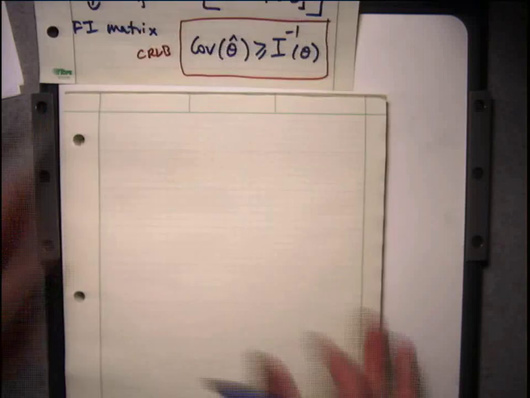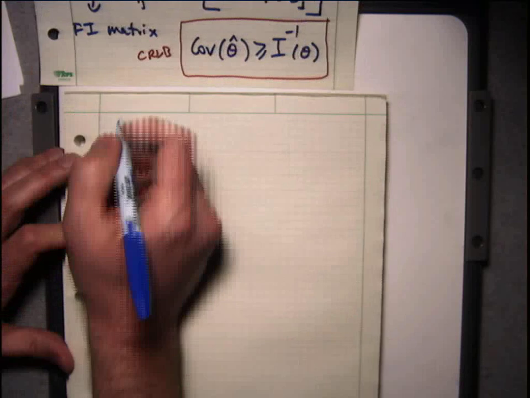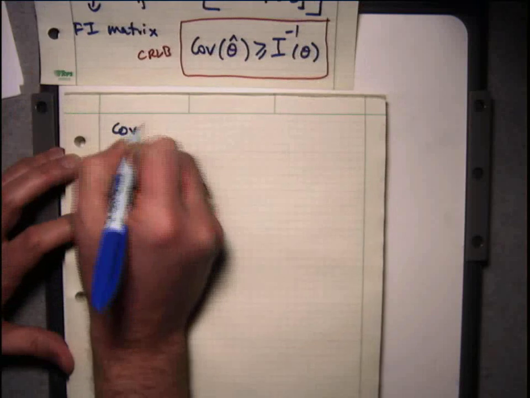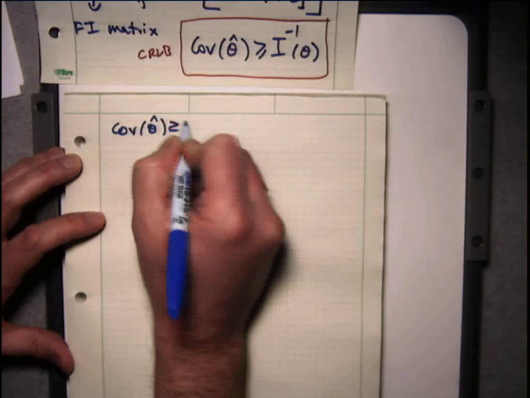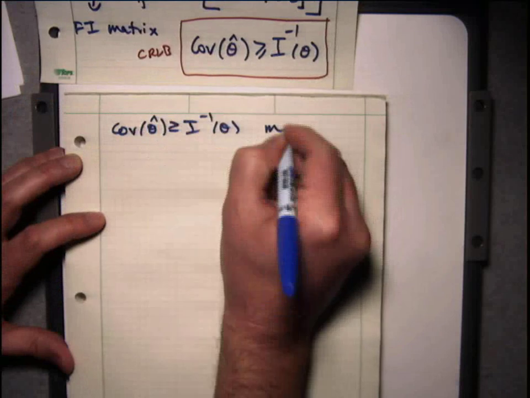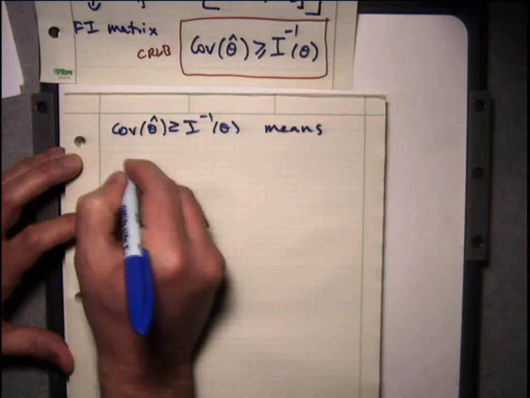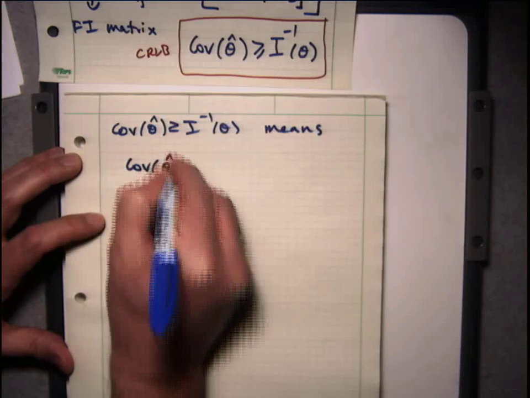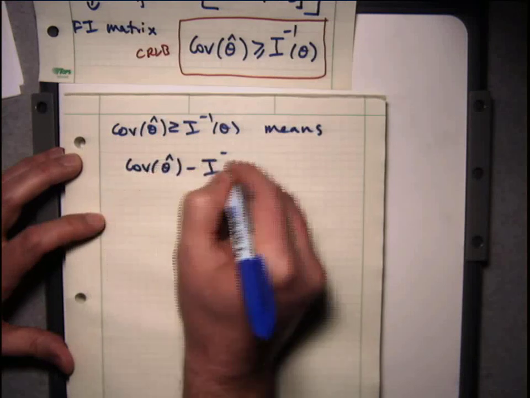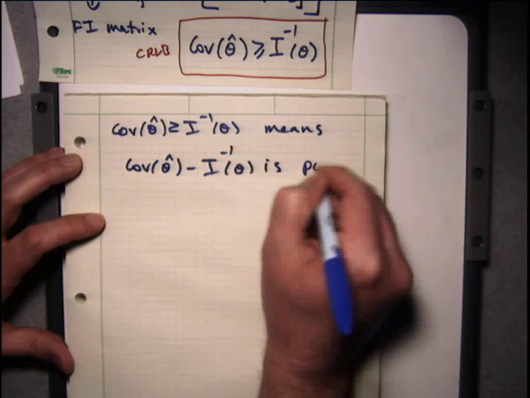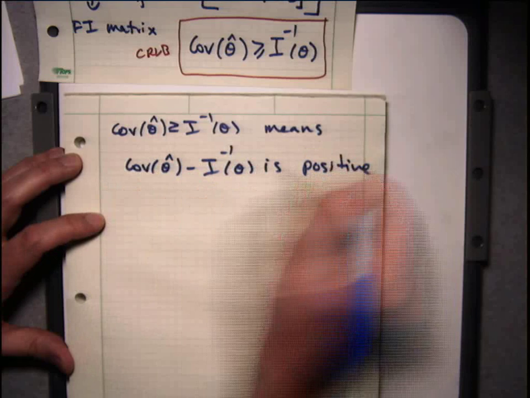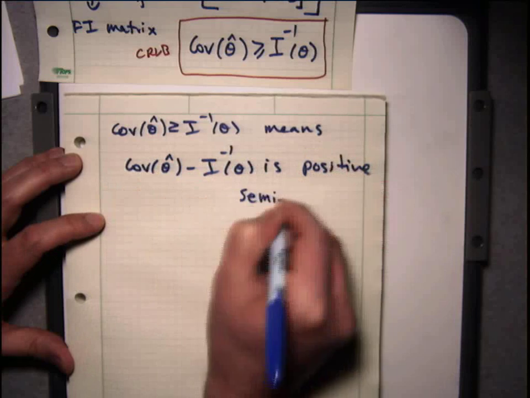So let me write this clearly. The covariance of theta hat being greater than or equal to I inverse of theta means that the covariance of theta hat minus I inverse of theta is positive semi-definite.